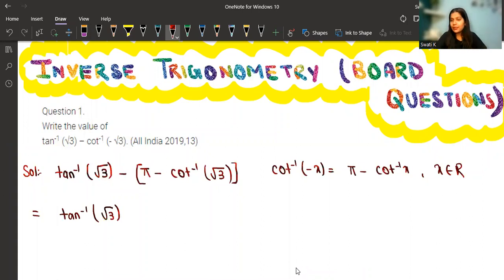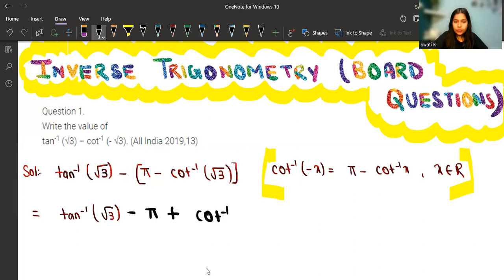Whenever we have something negative and then some terms, always keep that in a bracket because we have to change the sign. I'm just writing the formula in this yellow bracket so that you can understand that it's a formula. If you remove the bracket, it will become minus pi, and this minus will become plus because minus into minus is plus, and cot inverse root 3.